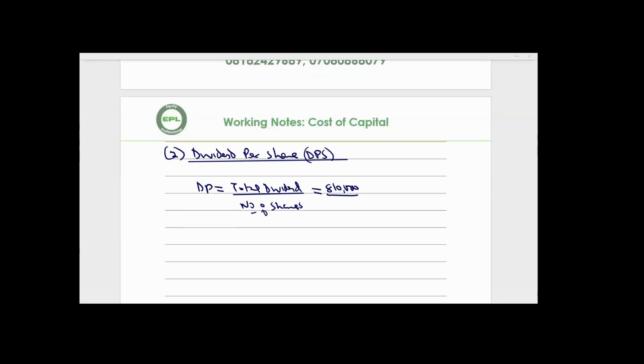Please, you don't use authorized shares. There is a difference between authorized and issued shares. So your focus is on the issued shares, which is 3 million shares.